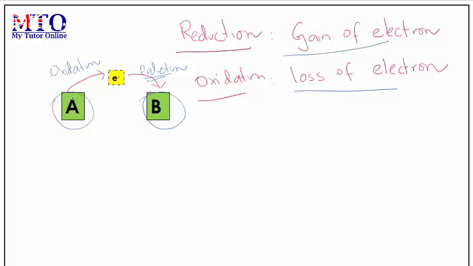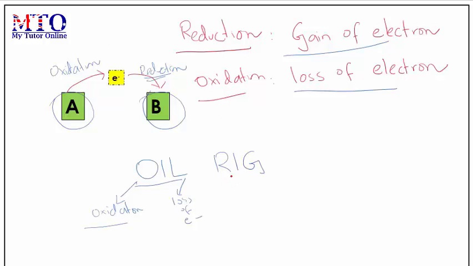To remember these terminologies and processes, there is a simple trick. Just remember the term OIL RIG. O stands for oxidation, so oxidation involves loss of electrons. Whenever there is loss of electrons, the process must be oxidation.